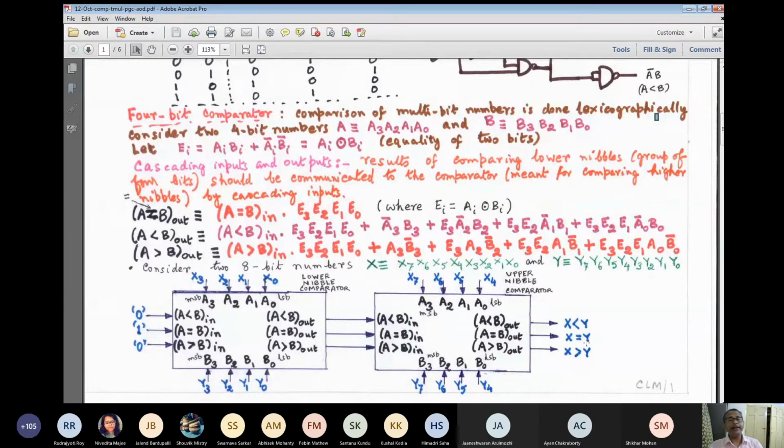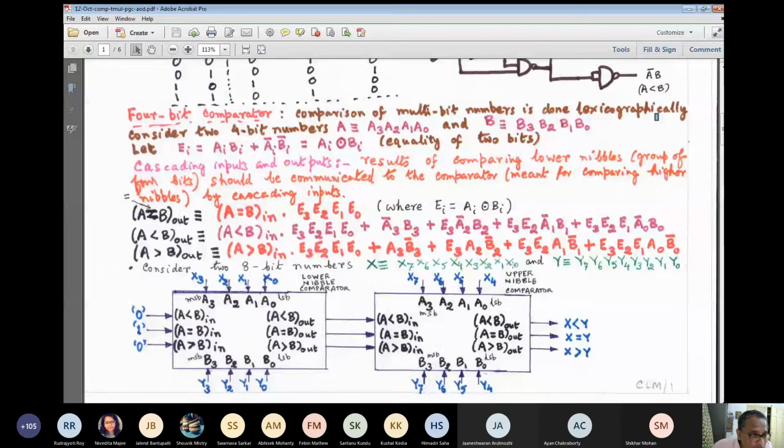I suggest that you take a home task towards the evening: think of the problem. Now the communication will be from the upper nibble comparator to the lower nibble comparator. Can all of you read it properly? I have written lower nibble comparator. Why do I say so? And why do I say that this is the upper nibble comparator?